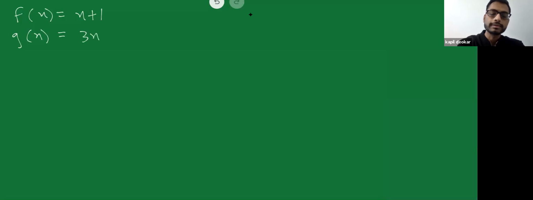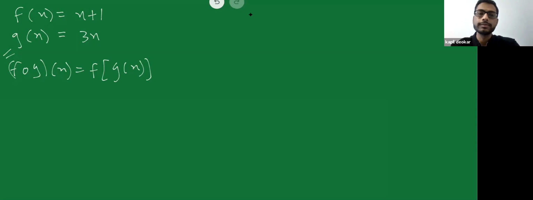Now, if f of x is equal to x plus 1 and g of x is equal to 3x, I have to find value of fog. So what is fog? Fog means f of g of x.